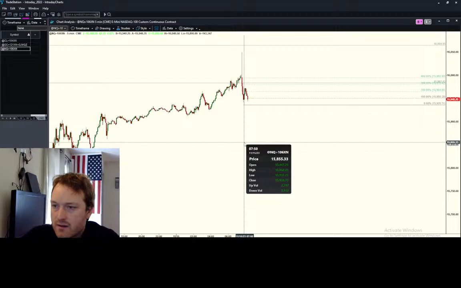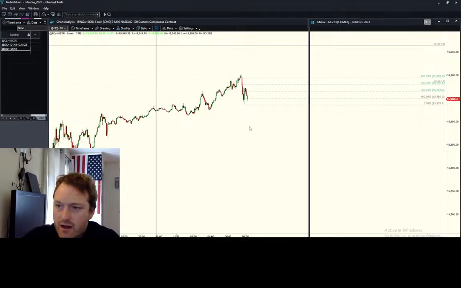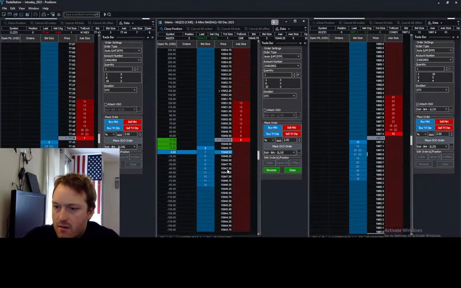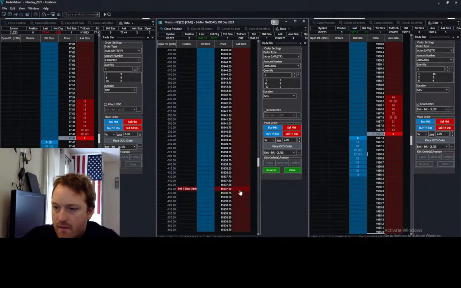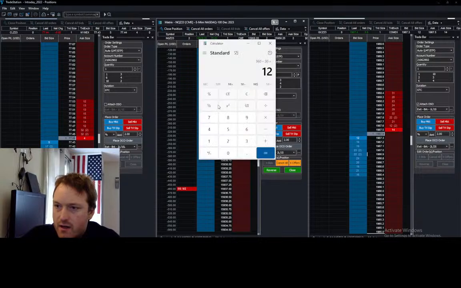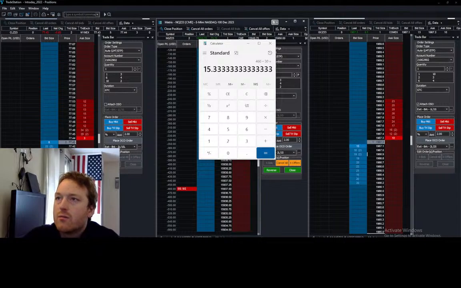This low, I gotta put my stop in place right now. 37 flat is my low, which is $460. So 460 divided by 30 is 15.3. Repeat, 15.3 is my risk.